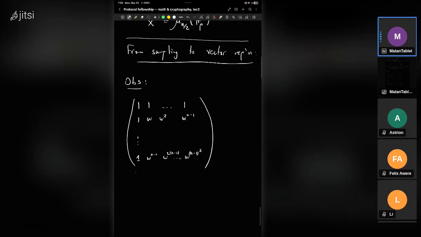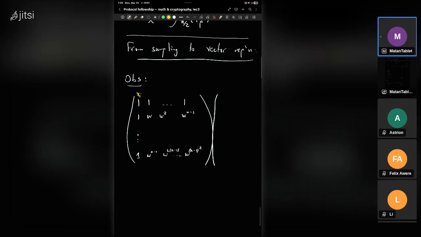If I multiply this matrix, what you have here is x1 to the 0, x1 to the 1, up to x1 to the n minus 1.